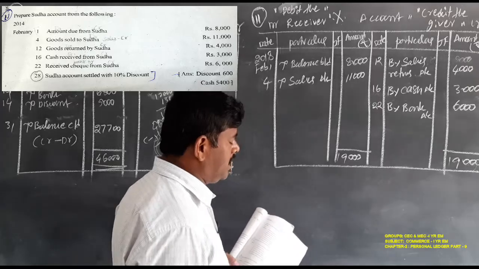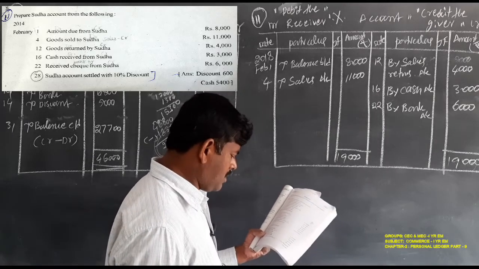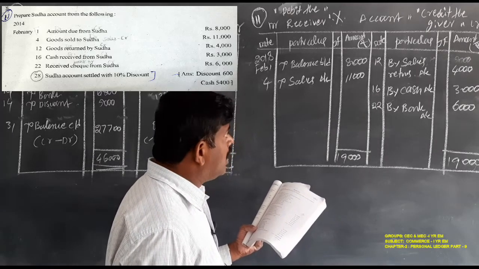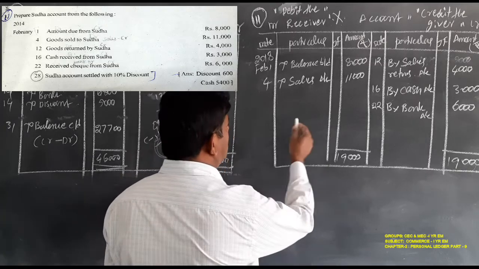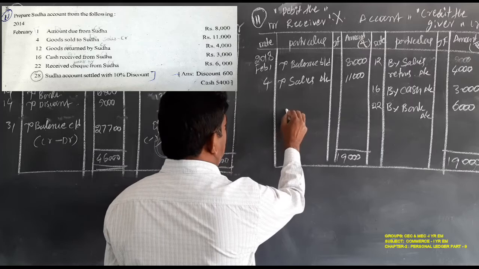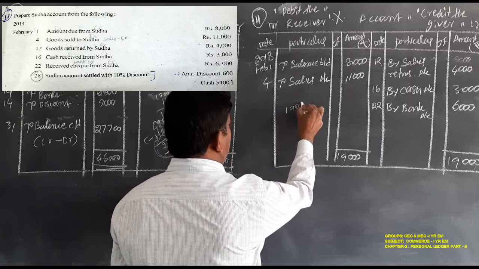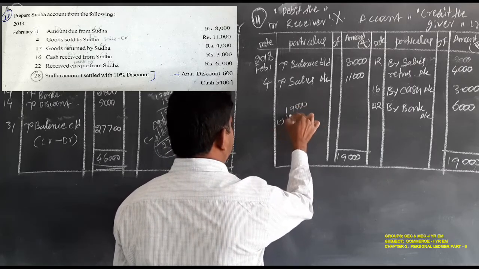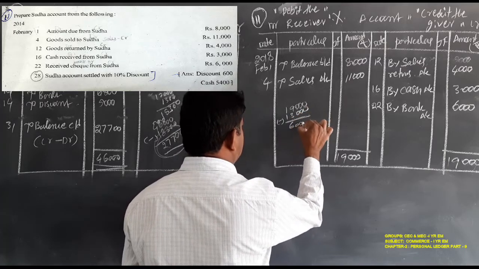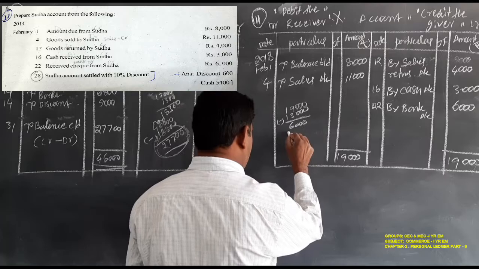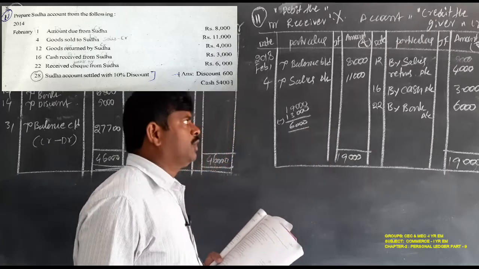Then after that calculate discount. Okay. Total 19,000 minus 13,000. The difference is 6,000 rupees. Discount will be calculated on 6,000 rupees only.